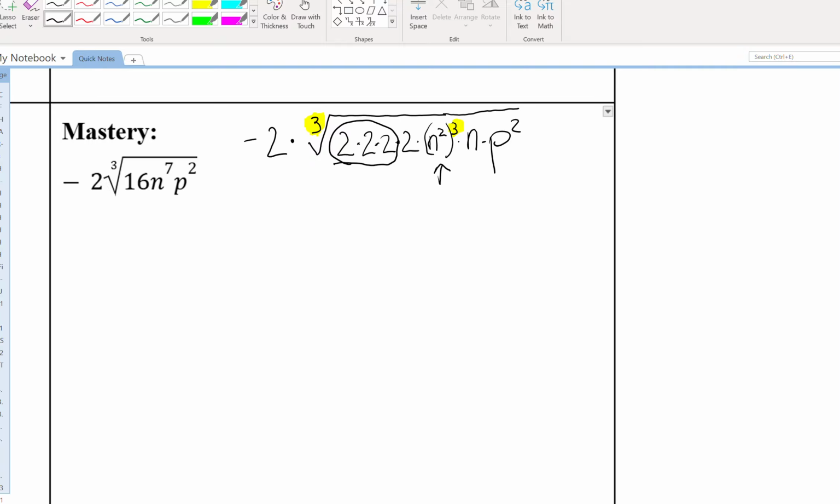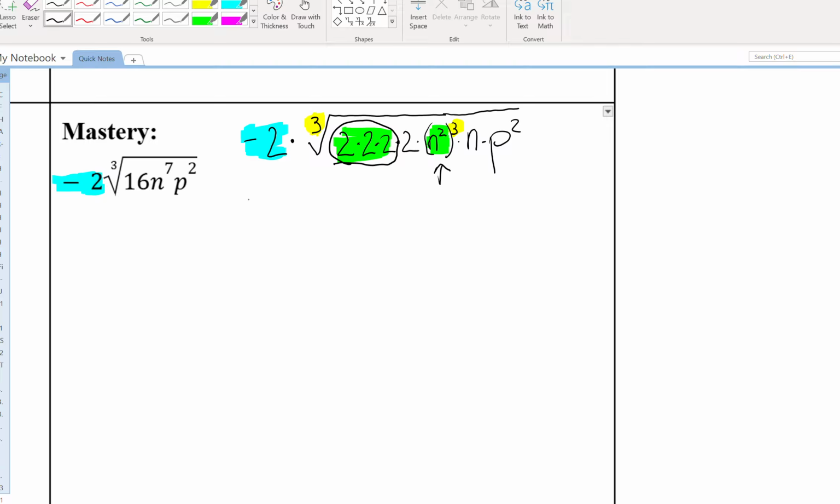So I'm going to have, let's just make note, this is the -2 that was out front here. These 3 2's are going to come out, and those 2 n's are going to come out.